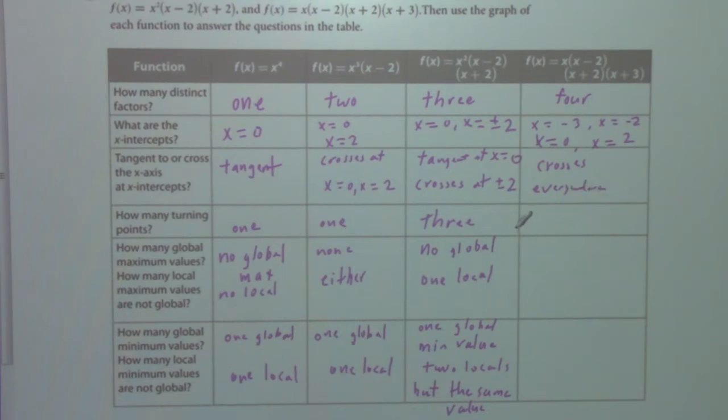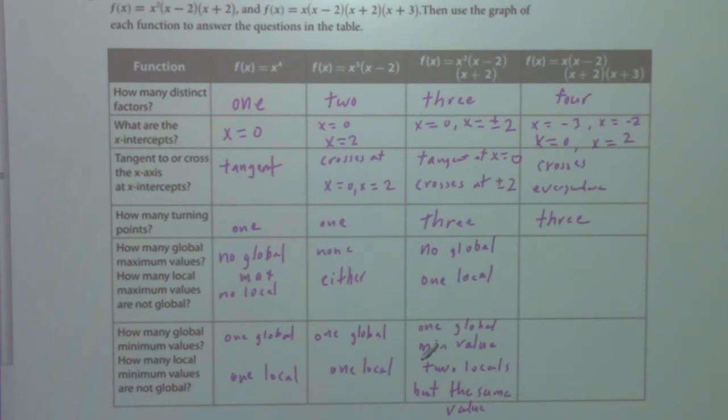How many turning points do we have here? We still have 3, right? And I want to interject here that there's a rule of algebra: the number of possible turning points of a polynomial function is going to be 1 less than the degree of the function.